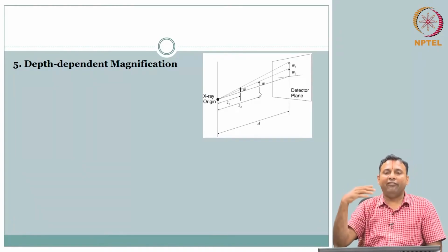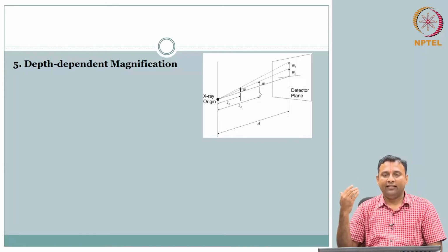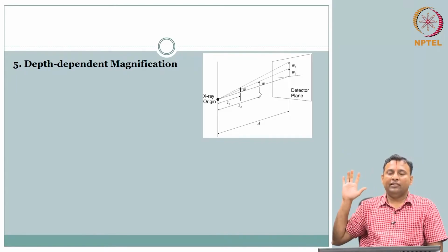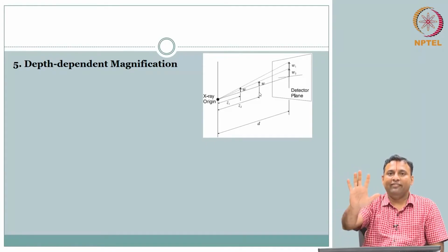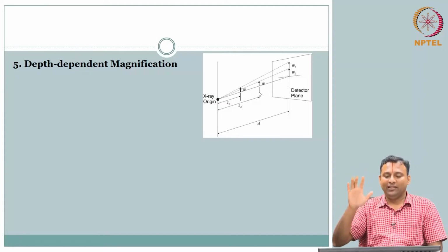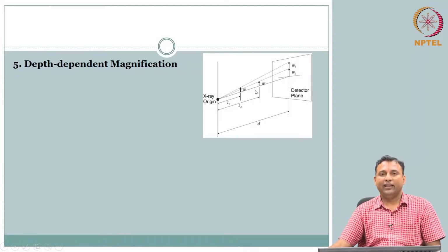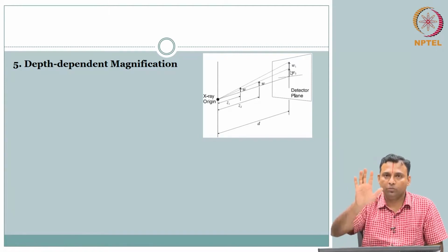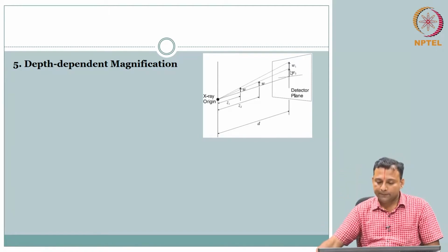If I do not have any other calibration factor to account for this magnification when I move, then my object size is dependent on where it is presented between the source and the detector, right, very intuitive. So, here if it is at Z1, you get W1, if I move to the Z2 location, I get W2, move close to the source, away from the source.